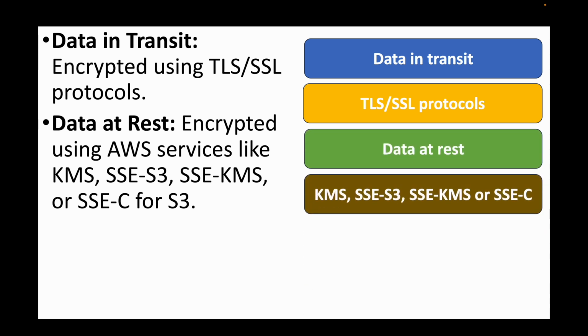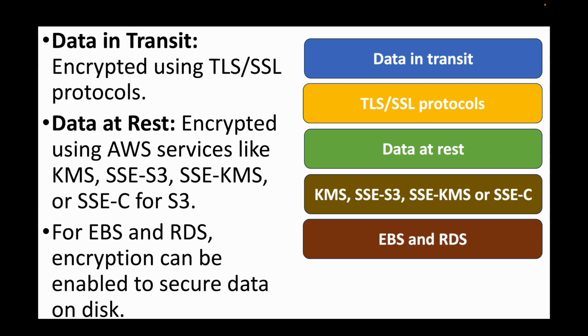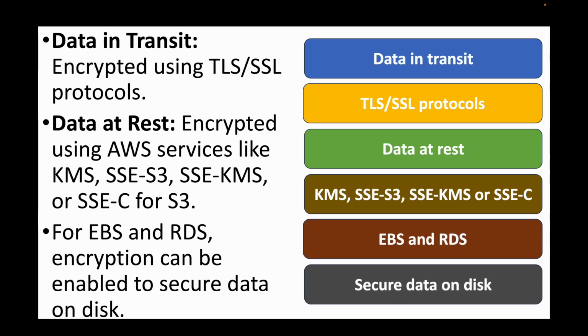So we have SSE for S3 buckets, then EBS encryption for EBS volumes, KMS keys for databases, and custom encryption. So with S3, you have multiple options. You can also make use of KMS to create your own keys and then secure your data on disk. You can make use of these KMS keys to encrypt your EBS volumes as well as your RDS databases.